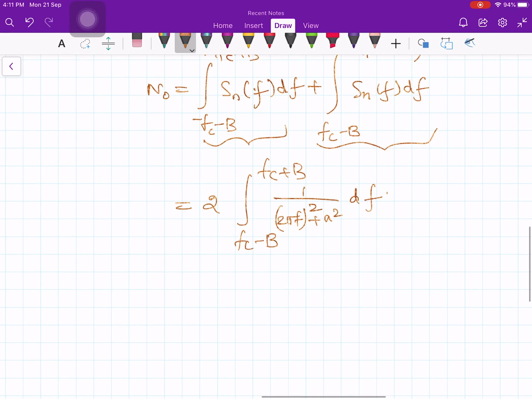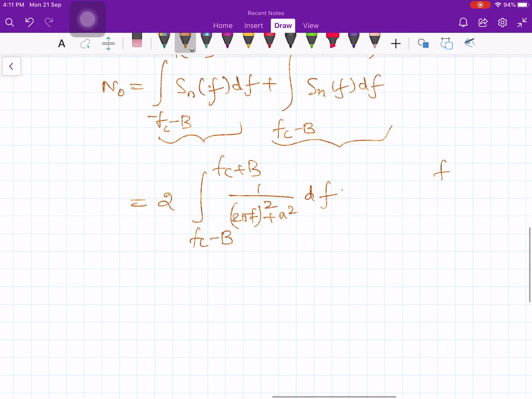So now fc is given. What is fc? 500 kilohertz, and b is also given, 4 kilohertz. Therefore 500 minus 4 is 496 kilohertz to 504 kilohertz.